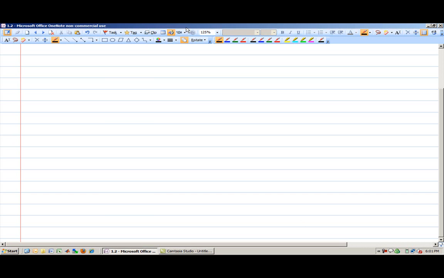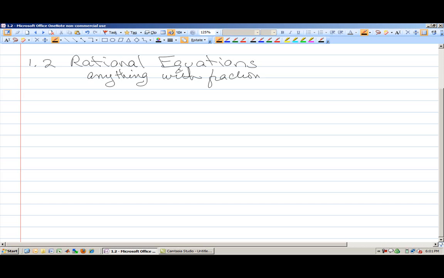Alright, so we're going to keep talking about section 1.2, which was rational equations. We did the first half already, and this is going to be in two parts. Rational equations really means pretty much anything with fractions.